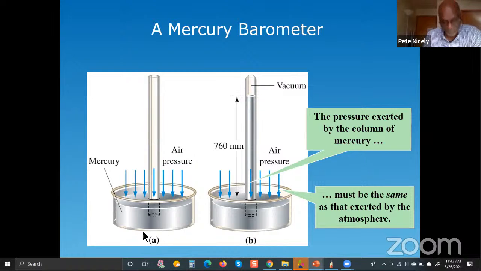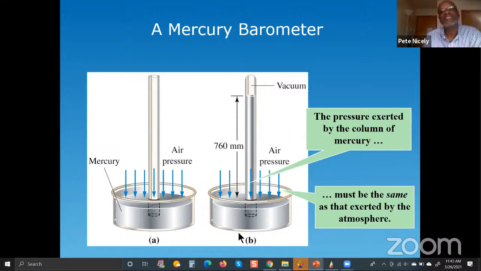So basically, the atmospheric pressure will act on the surface on the outside of the tube as well as on the surface on the inside of the tube. So therefore, the atmospheric pressure exerted on the outside and on the inside on the mercury surface will be the same. As a result, the mercury level on the inside will be the same as the mercury level on the outside. No problem understanding that, right?